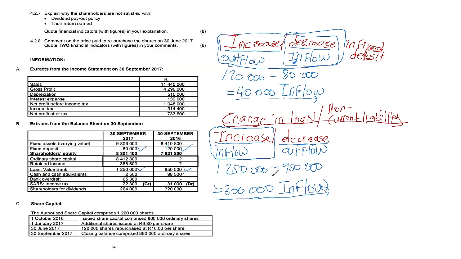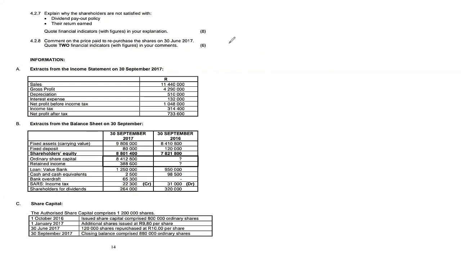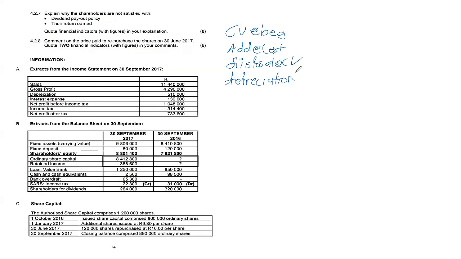So it's inflow. So now to calculate the cost of additional equipment purchased, the formula will be carrying value at the beginning, and then here it's going to be additions at cost, followed by disposal at carrying value, and after it's depreciation, and then your last figure will be carrying value at the end.